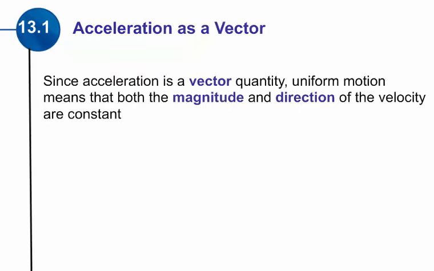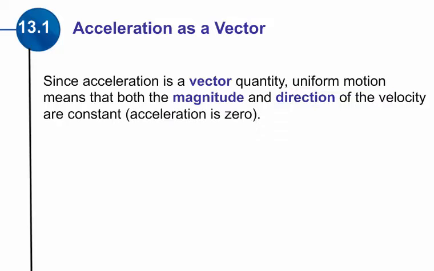Since acceleration is a vector quantity, when an object is in uniform motion, then we say both the magnitude and direction of the velocity are the same. So an object in uniform motion tells us that it's not changing, both the magnitude and the direction of that object.